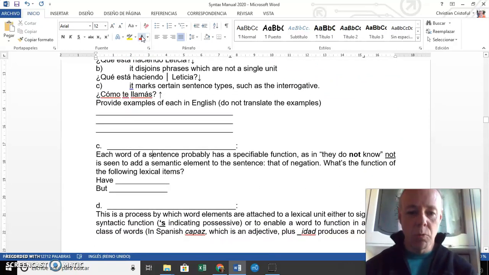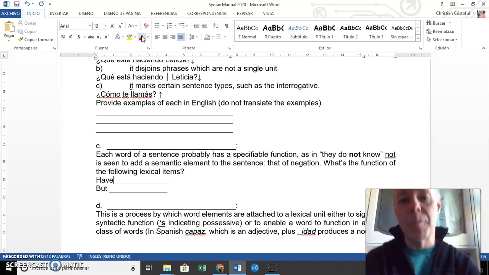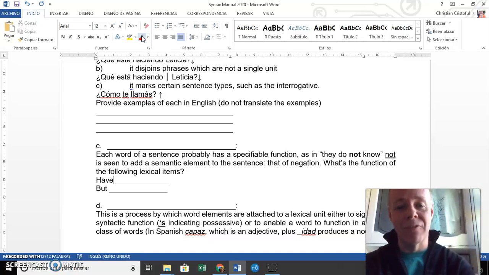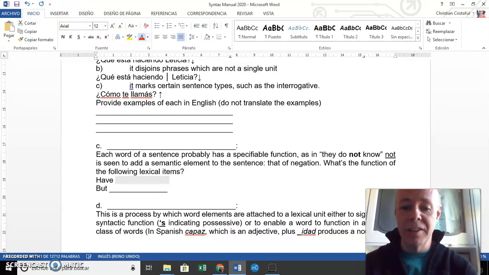C. Each word of a sentence probably has a specifiable function, as in, they do not know. The word not is seen to add a semantic element to the sentence: negation. Not means negation. What is the function of the following lexical items? Have. Yes, have is a verb, but what is the function of the auxiliary verb have? The function of the auxiliary verb have is perfective. It turns other verbs into the perfect tense.